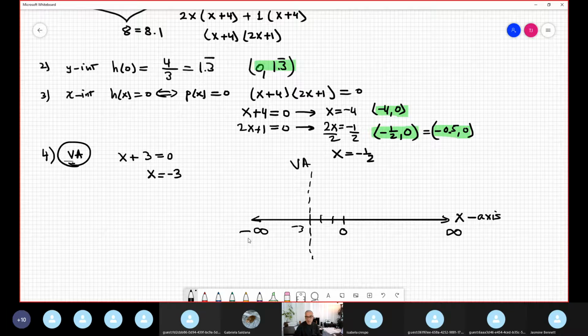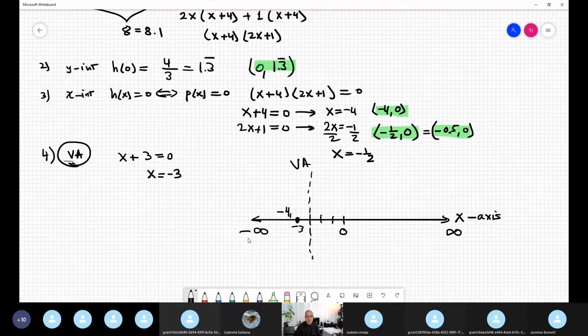We have negative 4 here, (negative 4, 0), and (negative 0.5, 0).